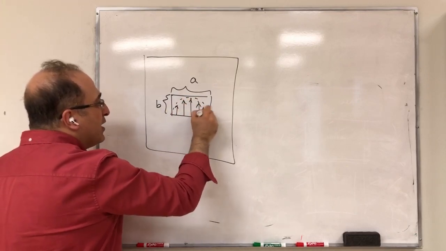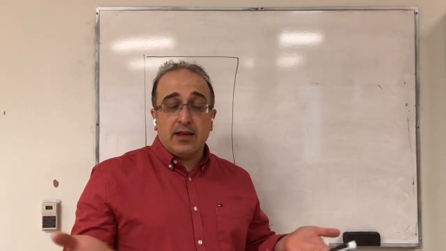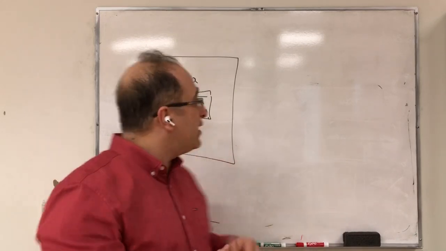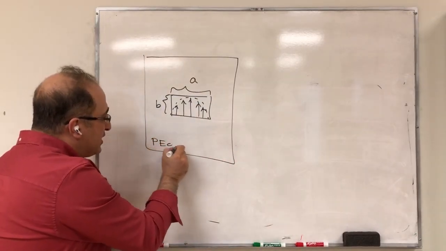That was our aperture antenna. And if the size of A and B is such that it relates to an open-ended waveguide antenna, then you would have essentially an open-ended waveguide antenna mounted on a PEC plane. So this was our PEC plane.